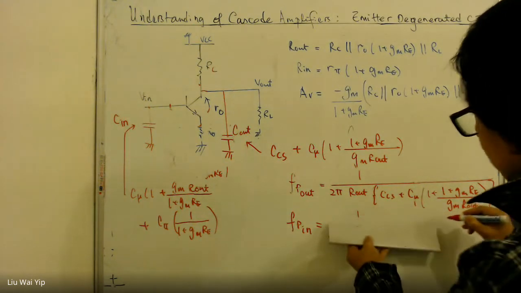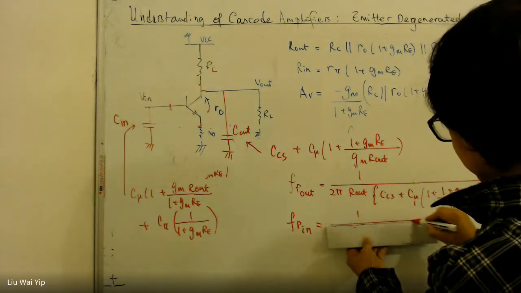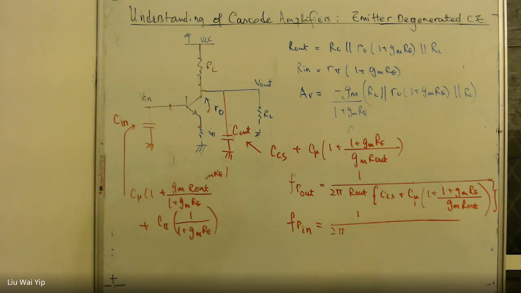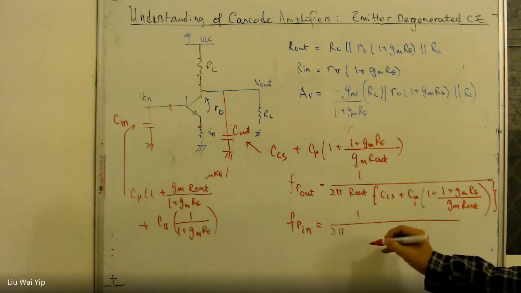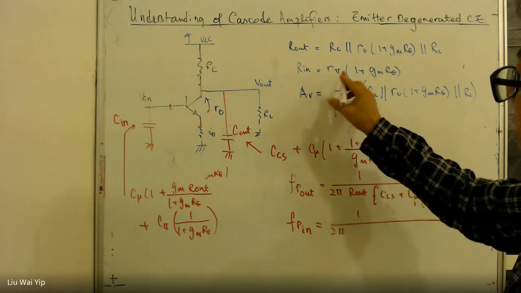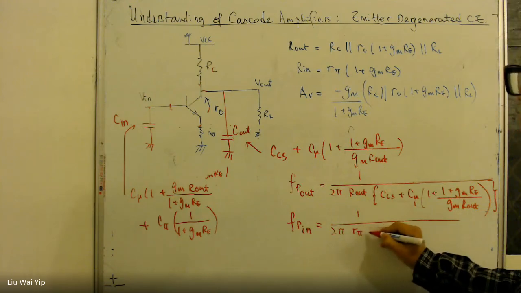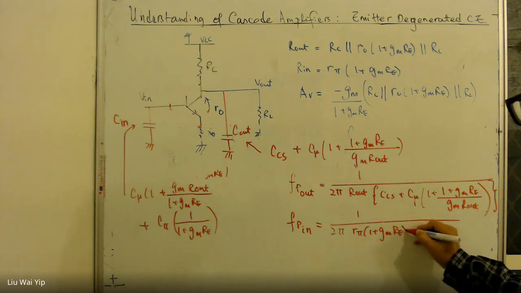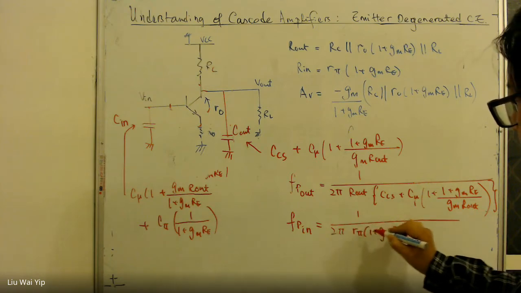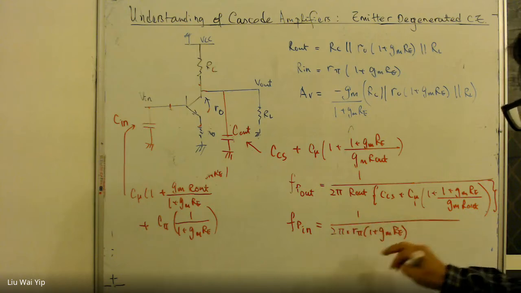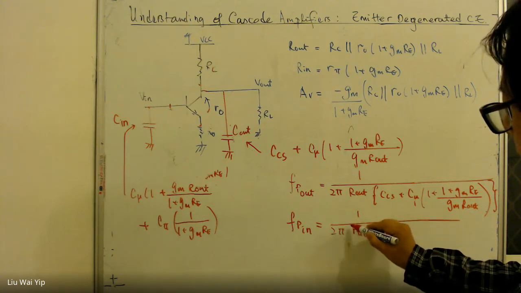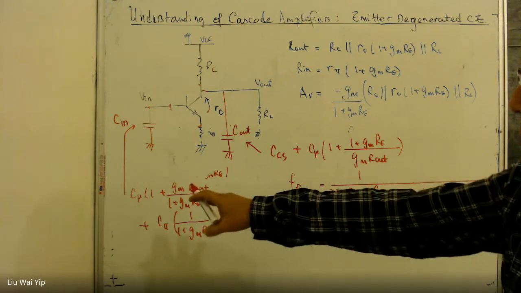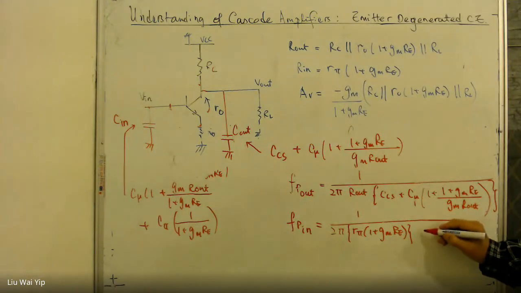According to here, it is 1 over 2 pi C in R in, which is this one here, and the capacitance at the input, which is C in.